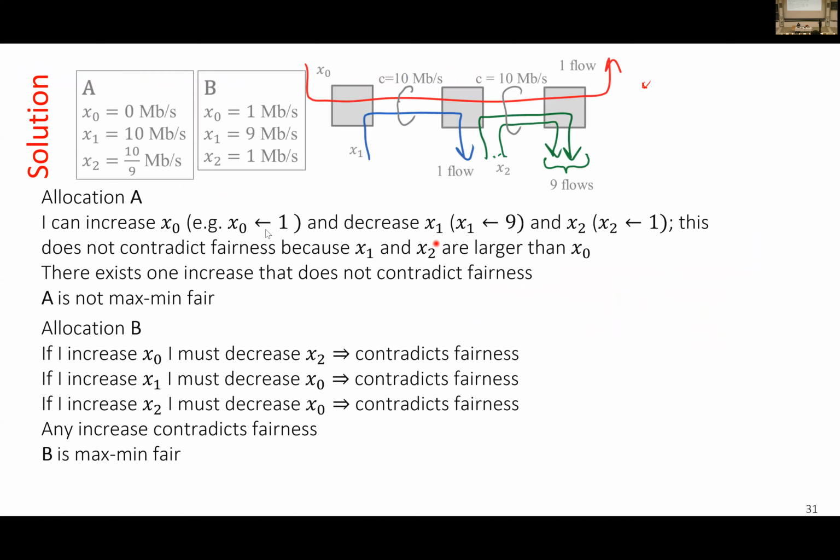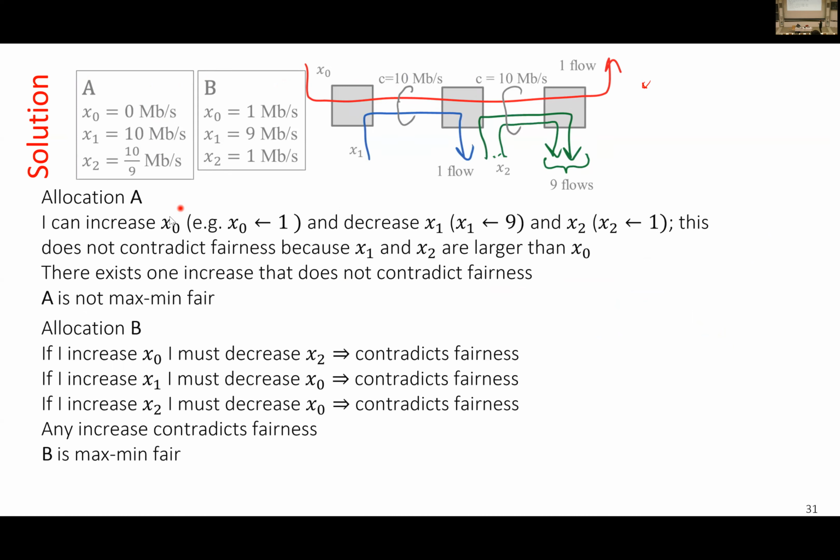The allocation A that gives 0 to this guy, we claim it's not max-min fair, so let's try to increase it without violating the constraints that are given. So we increase it the Robin Hood way.